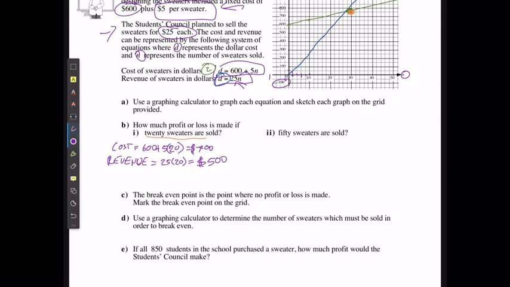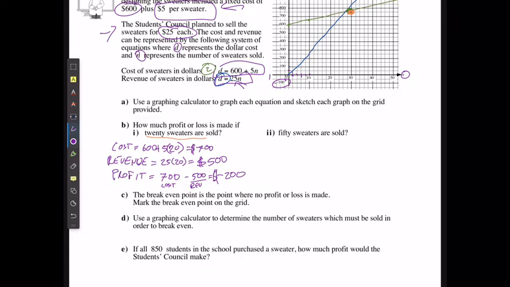Which means that the profit is always going to equal the cost minus the revenue. I'm going to come in at a loss of $200 if I only sell 20 of these sweaters.